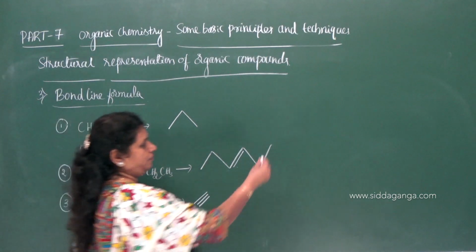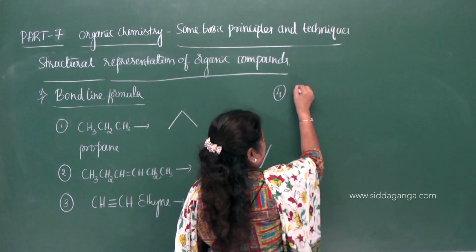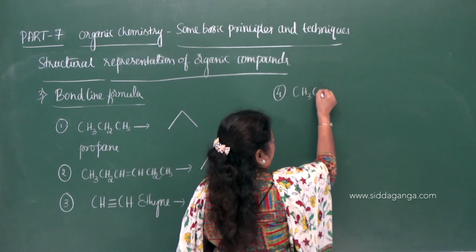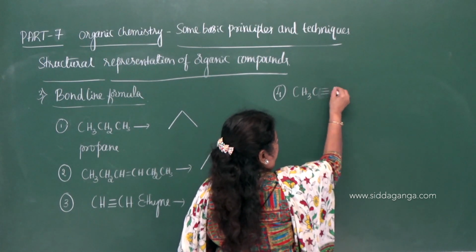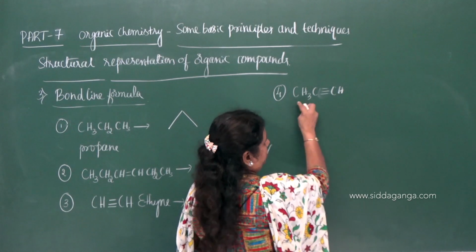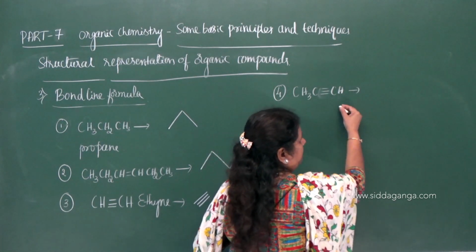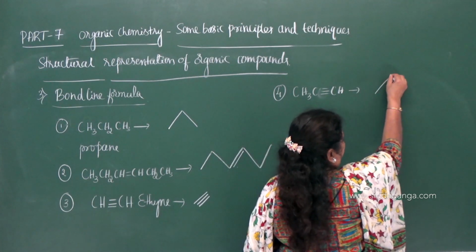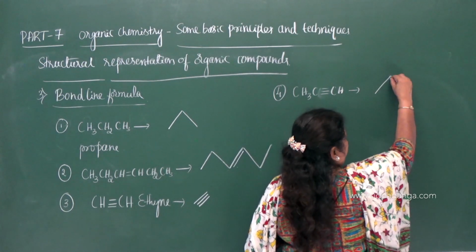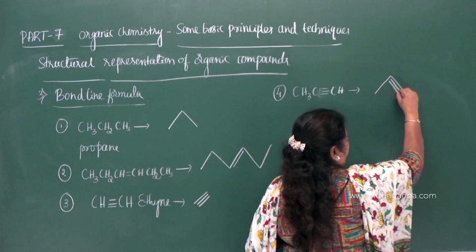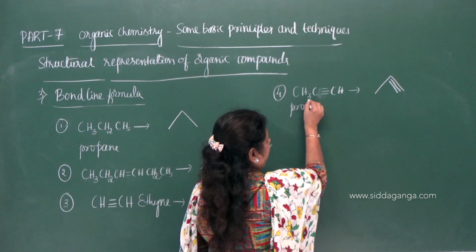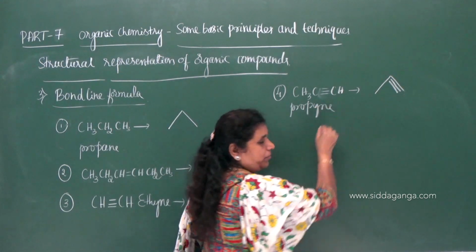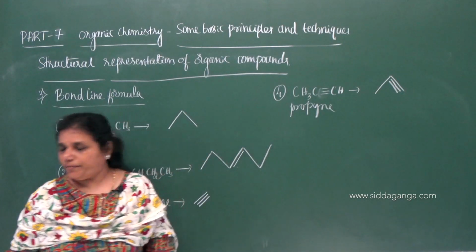Now let me give propyne: CH3, C triple bond CH. Here there are 3 carbon atoms in the compound, 1, 2, 3. Between these two there is a triple bond. This is the representation of propyne, the bond line formula for propyne.